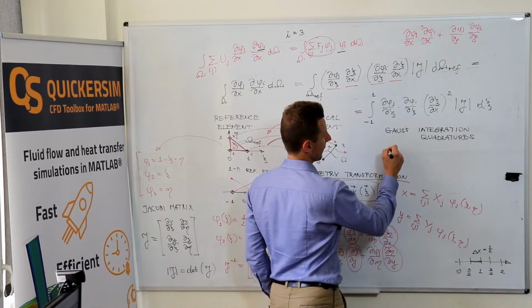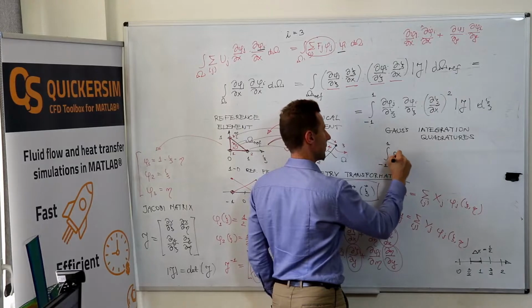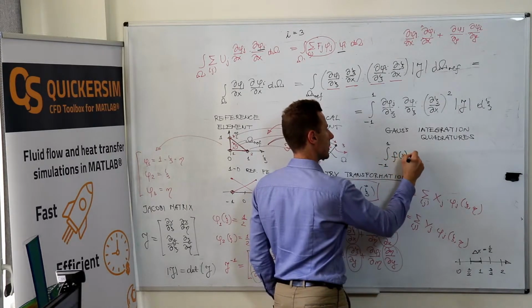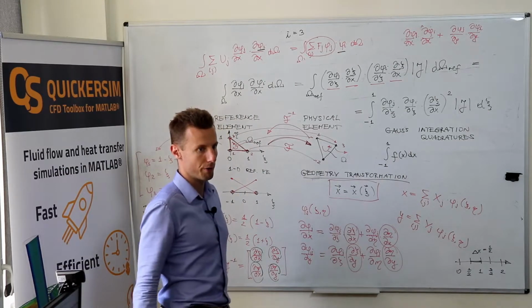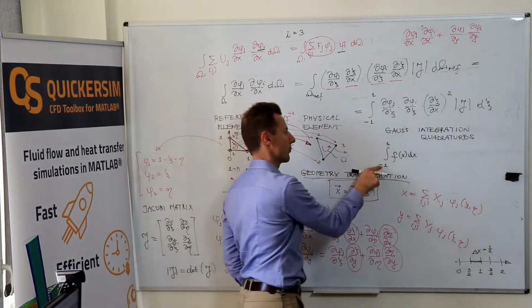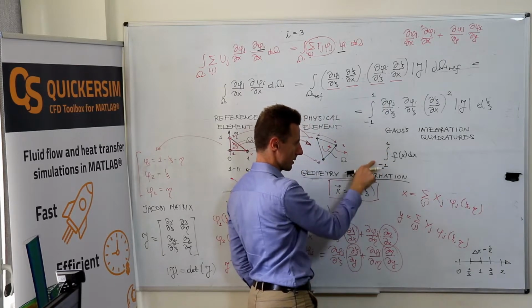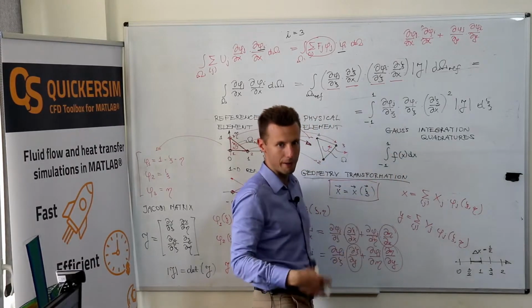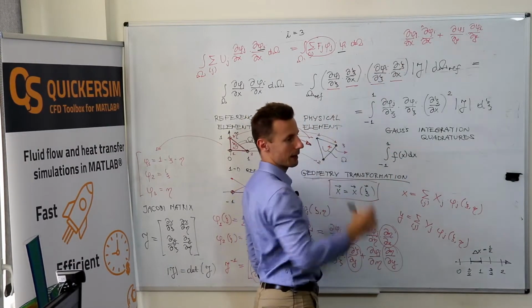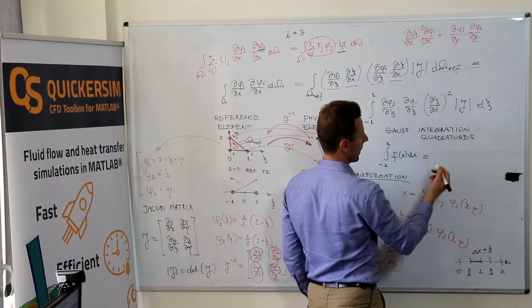For the 1D case, it's said that you can integrate any function f of x over the integral from -1 to 1, and the Gauss quadratures are always defined on this interval. So if you want to use any other interval, well, again, please map to the other space.